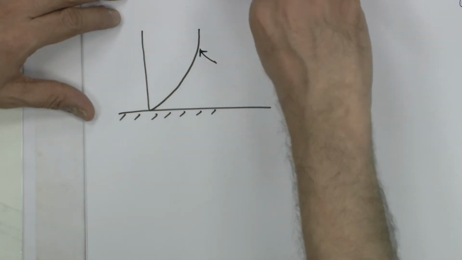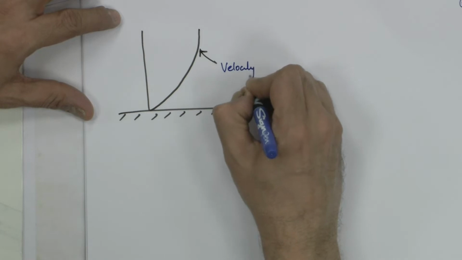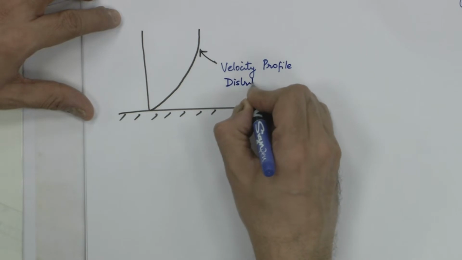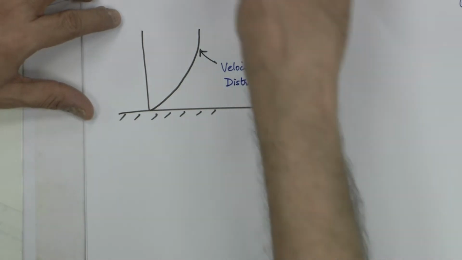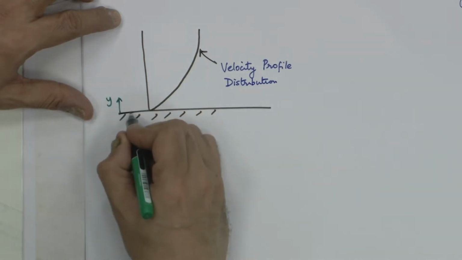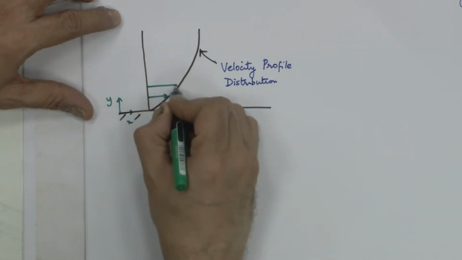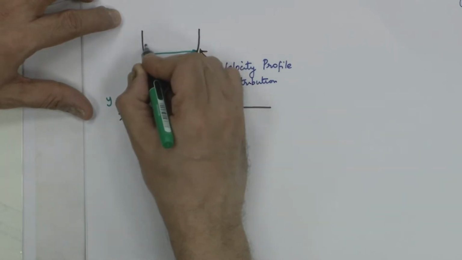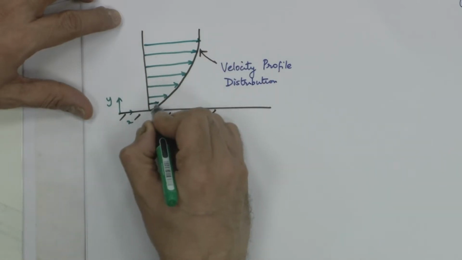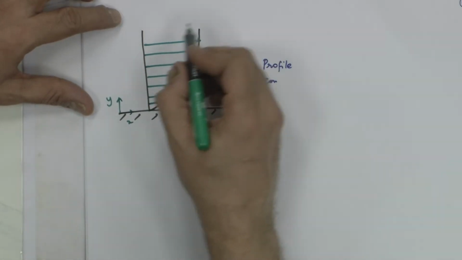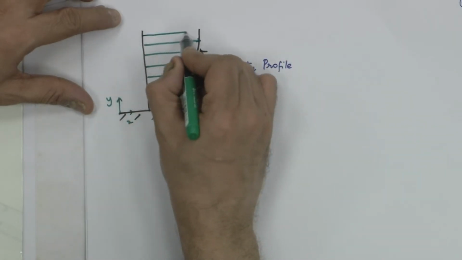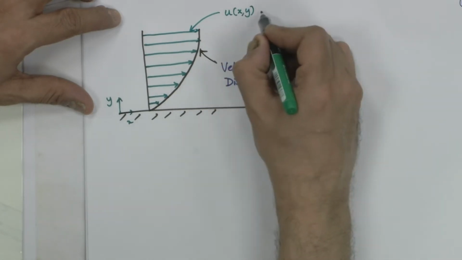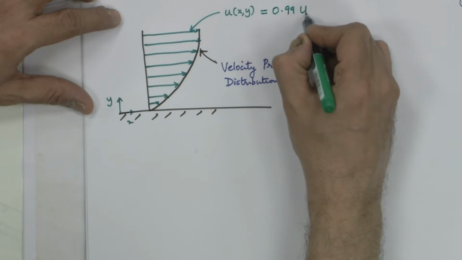This is called the velocity profile, velocity distribution, whatever you want to call. And of course, our coordinate axes remain, this is y, this is x, and the arrows here indicate the direction, length of the arrows kind of indicate the magnitude. So, what does it mean? This is 0 velocity, slightly higher. Finally, this layer is at u of x comma y is 0.99 times u infinity.